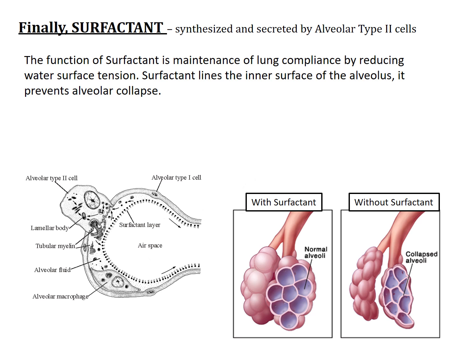And the role of surfactant is to keep your alveoli open. We're breathing in water. There's water in air, and the effect of water vapor pressure, the pressure of water vapor, can collapse the alveoli. If you collapse your alveoli, if you can't open up your alveoli, you can't exchange gases. So surfactant is extremely important in preventing alveolar collapse.